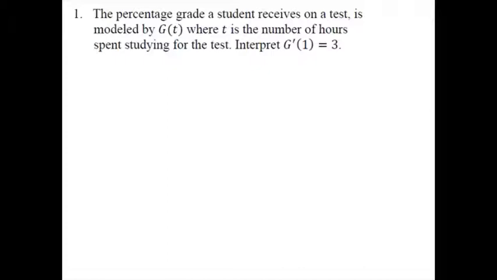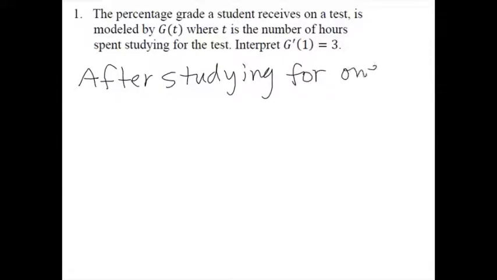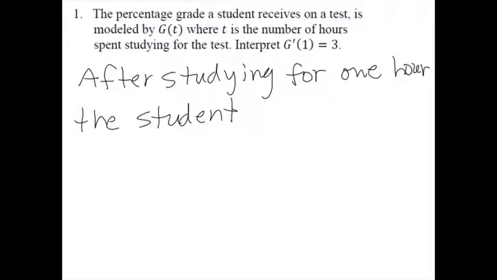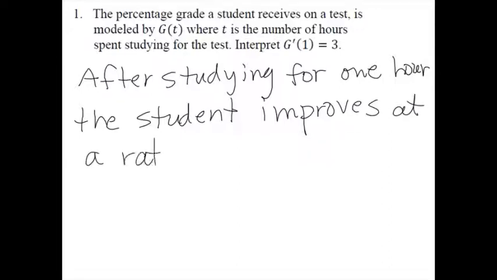In this case, after the student has studied for 1 hour, because it's 3 and it's positive, that means we can say the student improves 3% per hour.